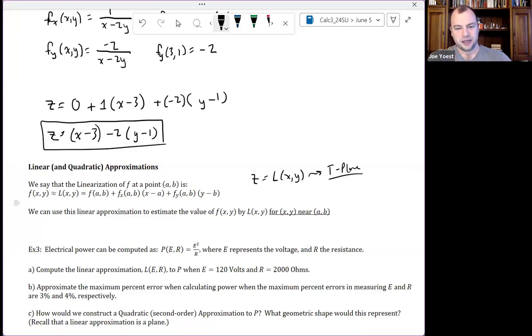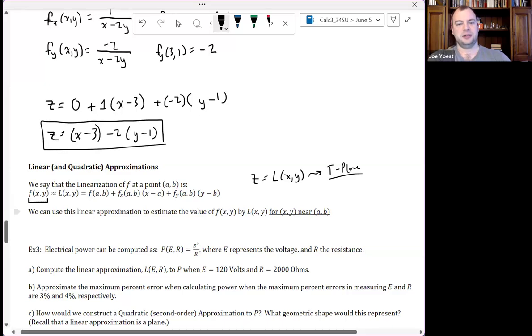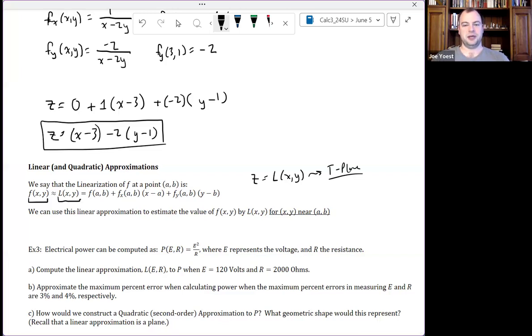And remember, the idea is that I can approximate my complicated, probably nonlinear surface, f(x,y), by this nice linear function, L(x,y). I can approximate this complicated surface by a nice simple, flat plane, so long as I don't deviate too far from the point of tangency. If I deviate too far, my approximation is probably going to get quite bad.